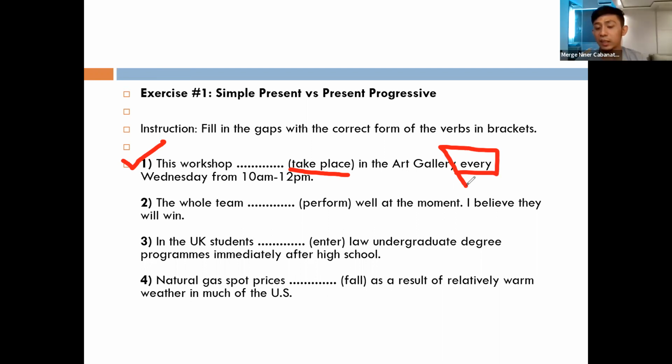Alright. Next, LP. Number 2: the whole team performs well at the moment, or the whole team is performing well at the moment?